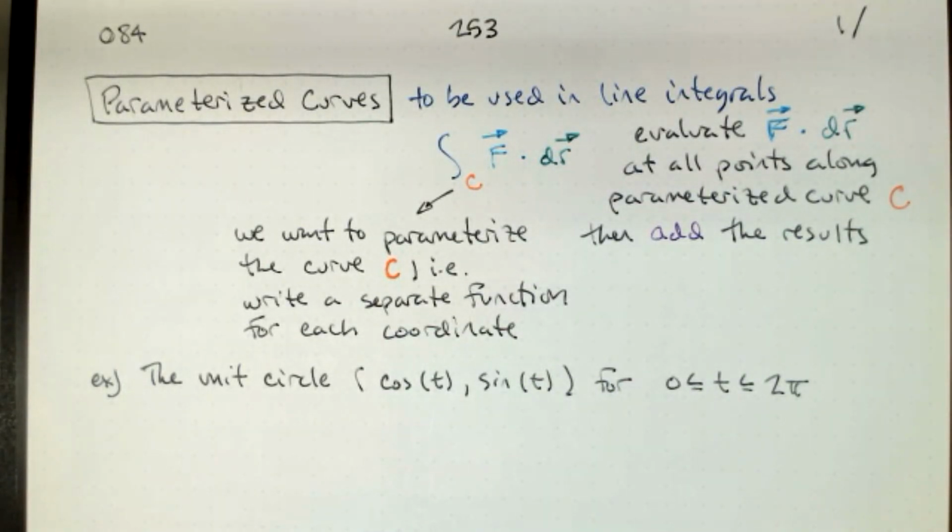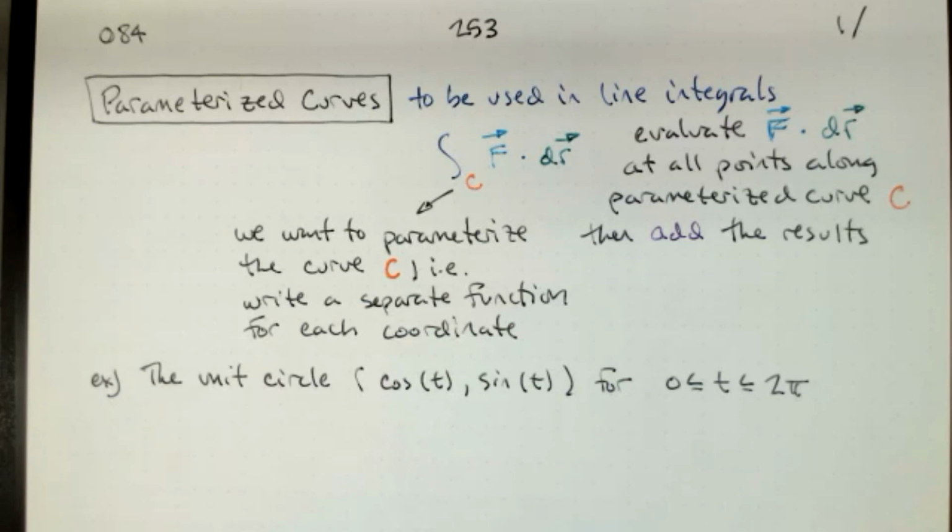So in addition to defining the two coordinates, cosine t and sine t, we're also saying what values of the parameter we are going to be using.